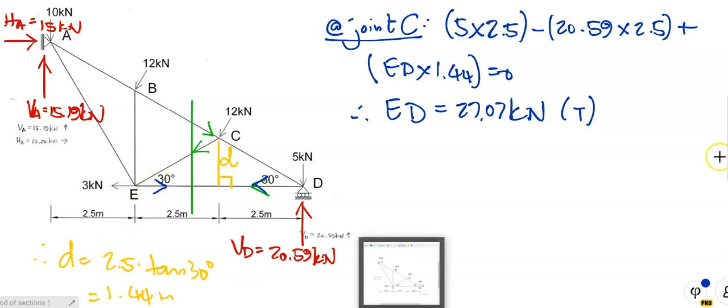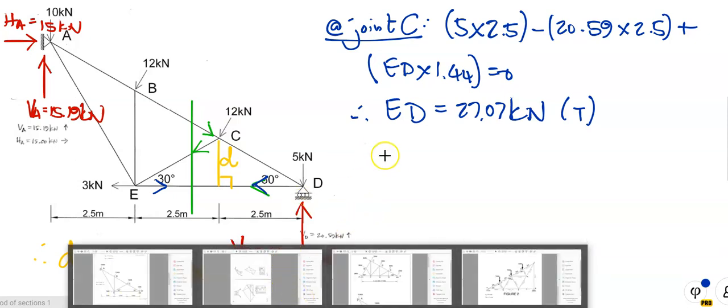Right. Am I done? No, I still need to determine EC and BC. Now what I do is this procedure here, I just do the same thing. What's the procedure? Take moments about any point on the truss, considering forces to one side of the cut section only, and we're going to consider forces to the right side of there.